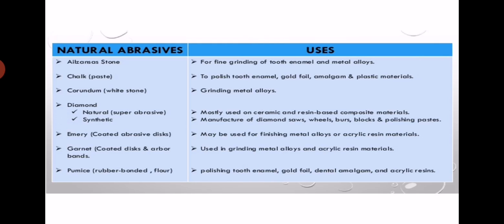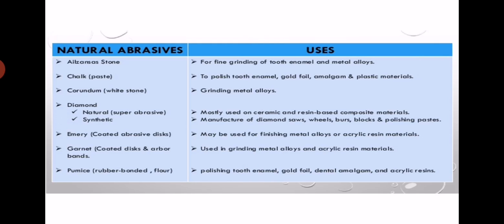In diamond we have two types: natural, which is a super abrasive, and synthetic. Natural diamond is mostly used on ceramic and resin based composite materials, and synthetic diamond is used for manufacture of diamond saws, wheels, burs, blocks, and polishing pastes.